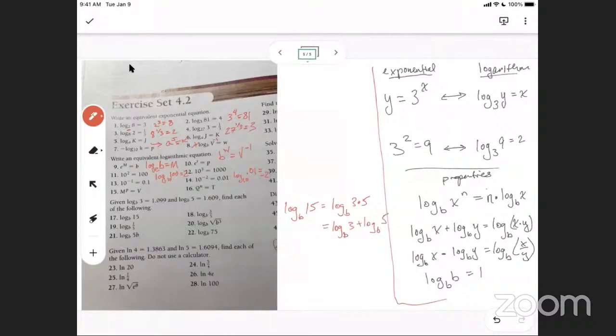And I know what the log base b of 3 is because they told us that. It's 1.099. And I know what the log base b of 5 is. They told us 1.609. So add them together, and that will be your answer. It's 1.099 plus 1.609, whatever that is. Punch it in your calculator. I'm trying to do it in my head.